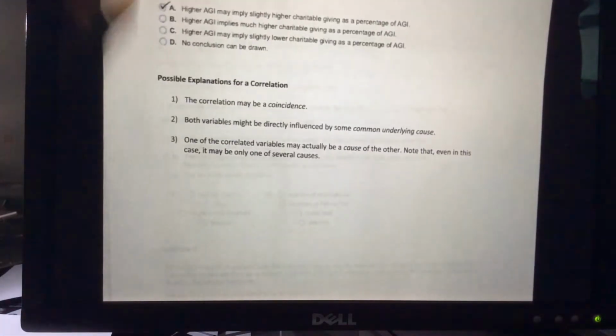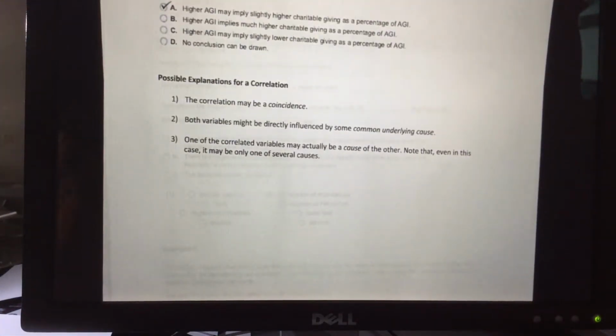All right, next we'll look at possible explanations for a correlation. Possible explanations means that the correlation may be a coincidence, or both variables might be directly influenced by some common underlying cause, or one of the correlated variables may actually be a cause of the other.